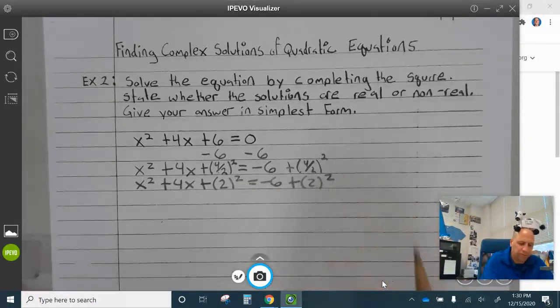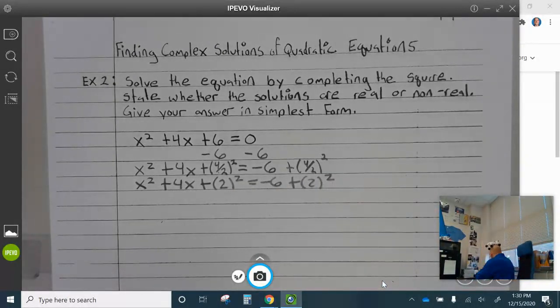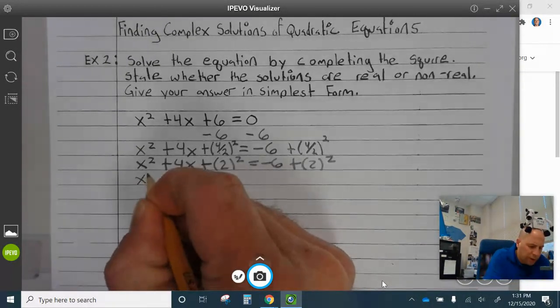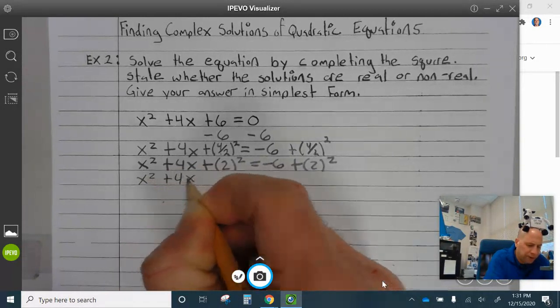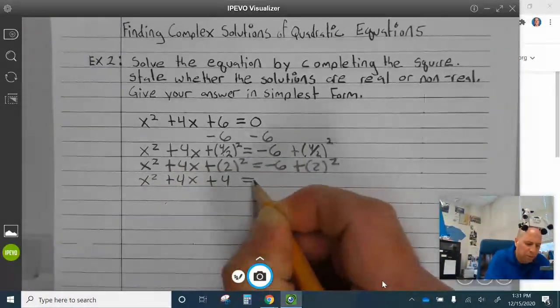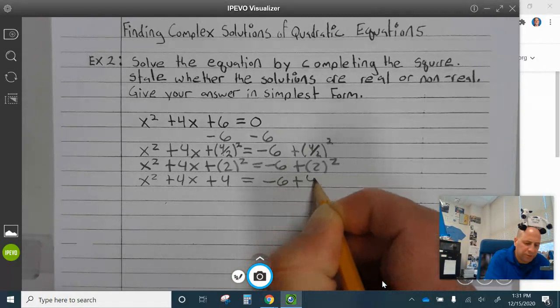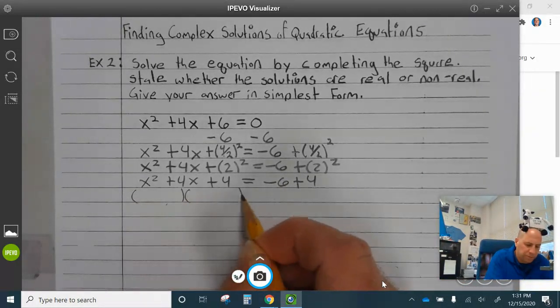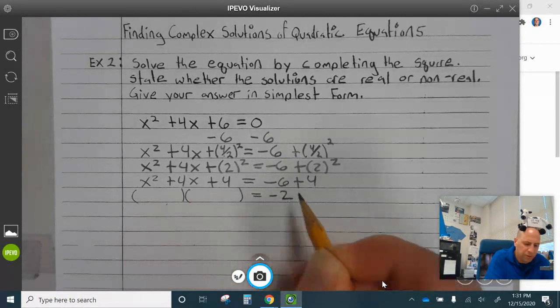So then that's x squared plus 4x plus 4 divided by 2 is 2 squared equals negative 6 plus 2 squared. So then that's x squared plus 4x plus 4 equals negative 6 plus 4. So we're going to factor this. So that's 2 parentheses equals negative 2.